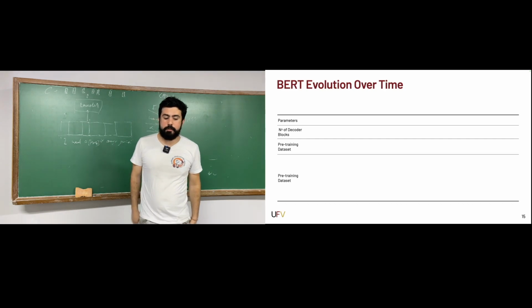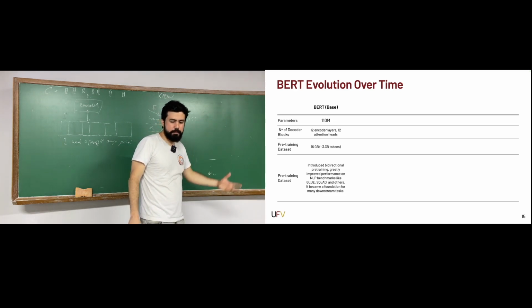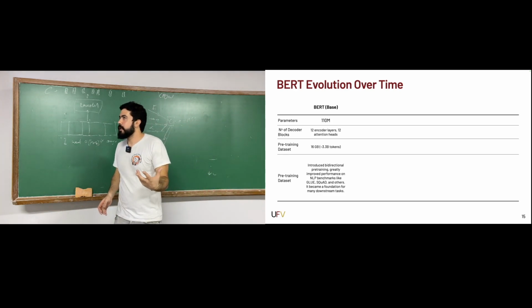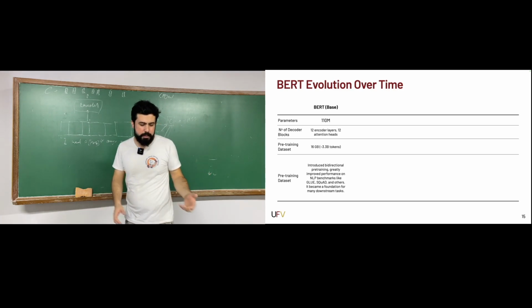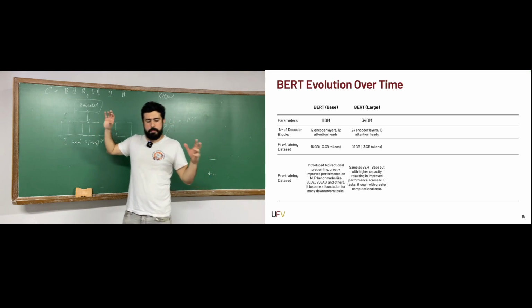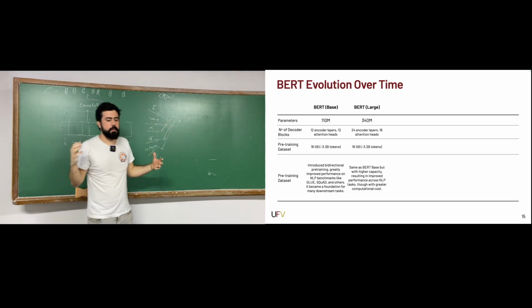Here is a similar evolution of BERT. We have many BERT models, but when it came out, it came in two different versions. They called them BERT base and BERT large, so I'm going to put them side by side here. I think it was Google Brain that released this model.